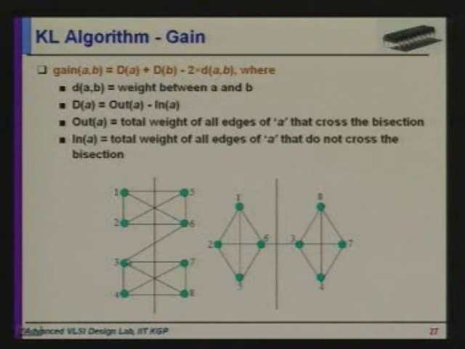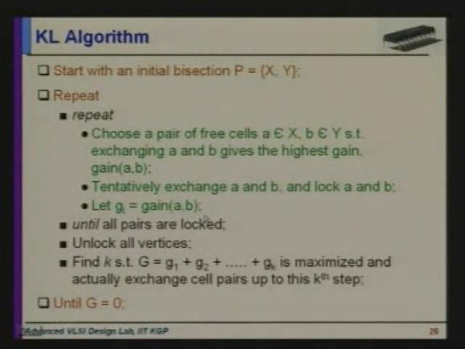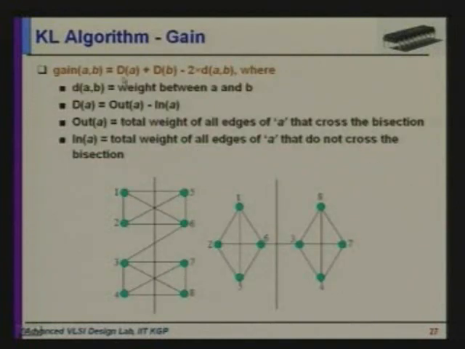So D of 3 is 2 and D of 5 is 1. My gain here is 2 plus 1, 3, because DAB, that means D of 3 5, is 0. There is no connection between 3 and 5, right, okay.